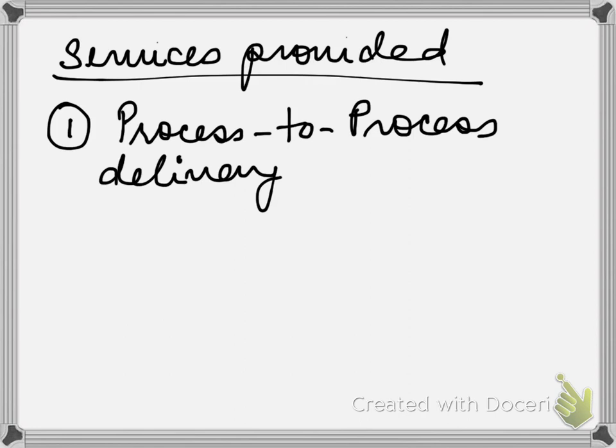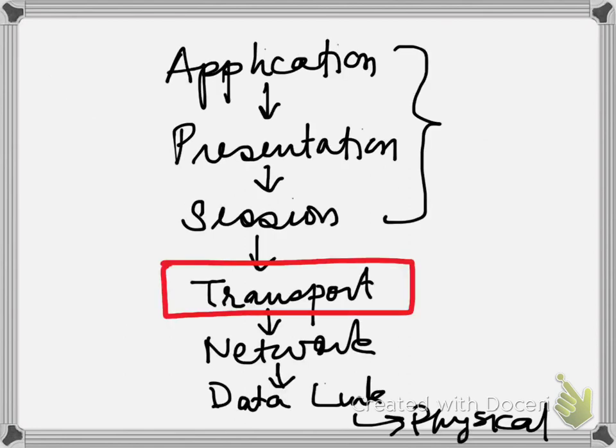The network layer, which is just below the transport layer, provides your source to destination delivery. However, this network layer is not very reliable. It does not provide any guarantee that the data that you have sent will reach from the source to the destination.